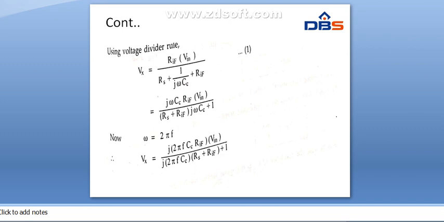So it becomes j omega Cc RIF into Vin by Rs plus RIF into j omega Cc plus 1. Now omega equals 2 pi f, then Vx equals j 2 pi f Cc RIF into Vin by j 2 pi f Cc into Rs plus RIF plus 1.